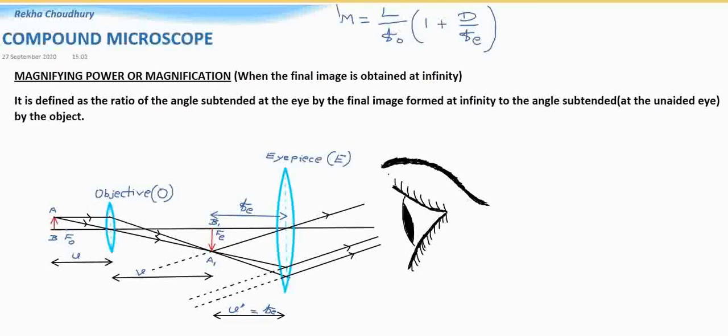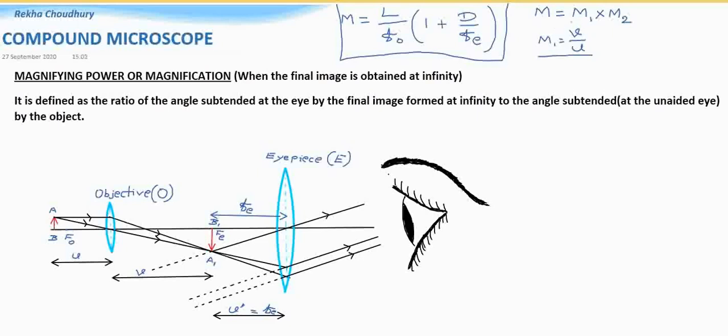Actually, this magnification produced by a compound microscope is negative, because m is equal to m1 into m2, where m1 is the magnification produced by the objective and m2 is the magnification produced by the eyepiece, and m1 is equal to V divided by U. As V is positive and U is negative, m1 is negative.